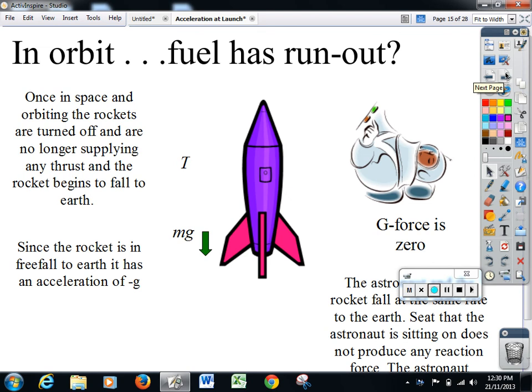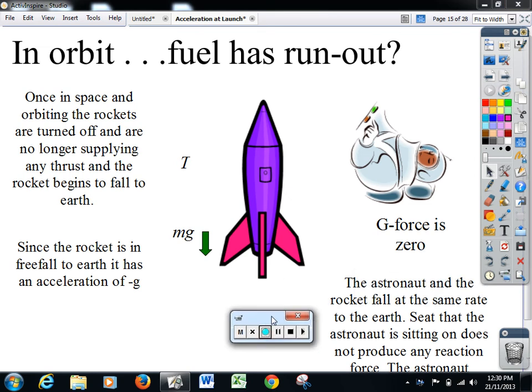When we get into orbit, we turn off the engines. When we are in orbit, we actually are in free fall, and we'll describe and examine that later on. When we put things into orbit, we actually don't want any extra fuel.